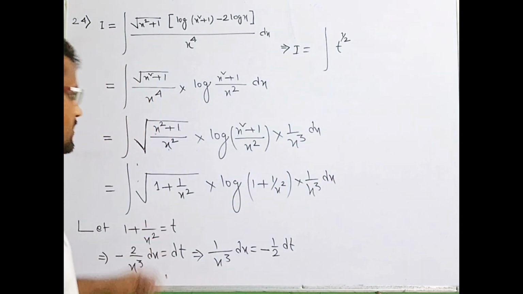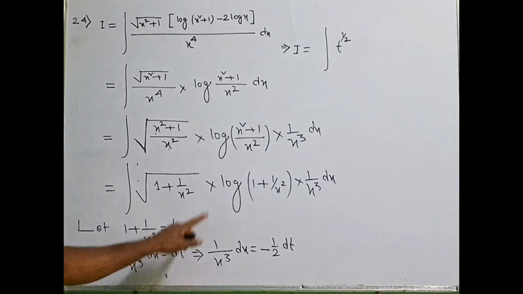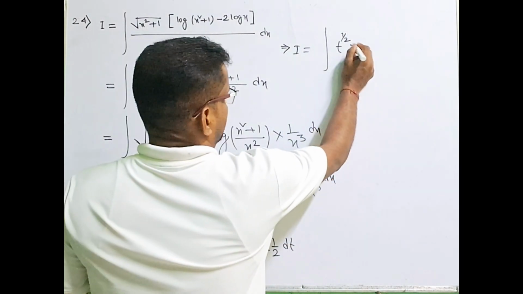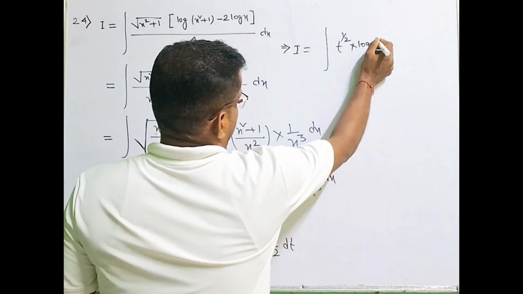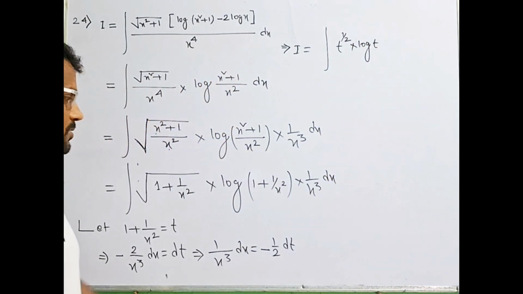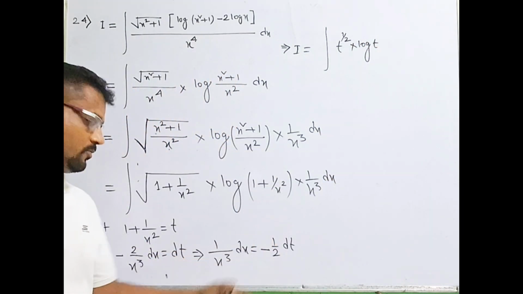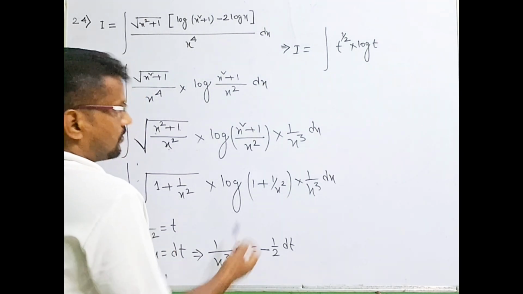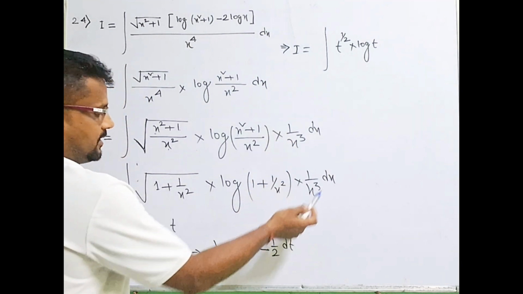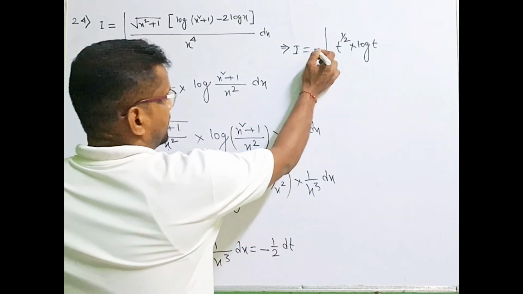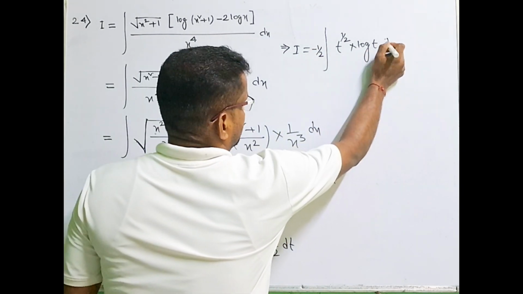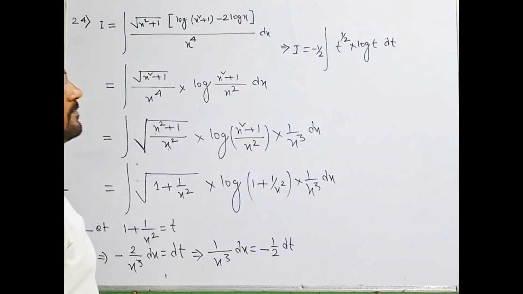That's why directly you can write t to the power half, into log of what? 1 plus 1 by x square, so into log of simply t, because 1 plus 1 by x square we assumed as t, and 1 by x cube dx is minus half of dt. Let me write minus half here, and simply you write dt here.